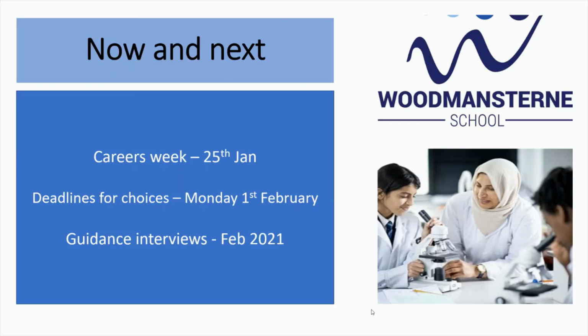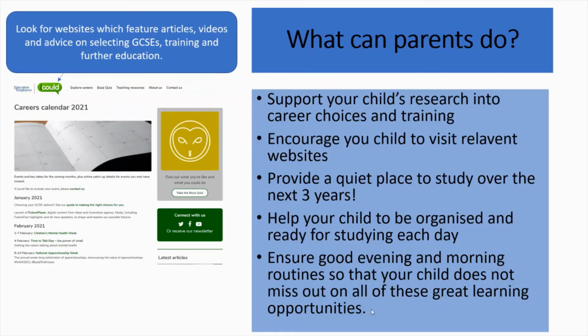And guidance interviews will begin from the week beginning 1st of February, where we will talk through your choices with you and make sure that with our guidance, you've made the best choice for you to get you the most out of your future. So all of that is just a week away now.